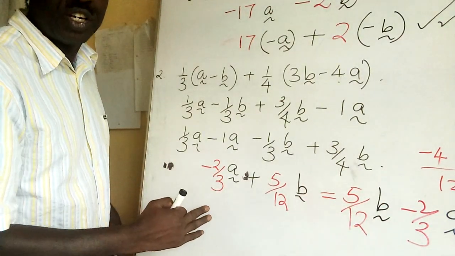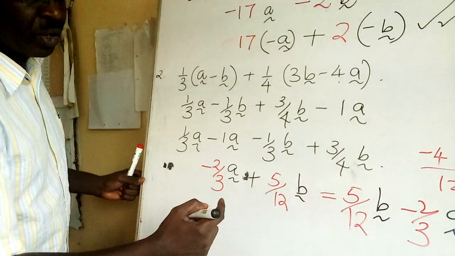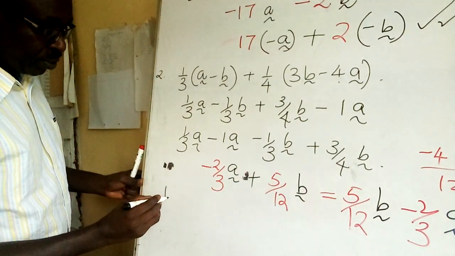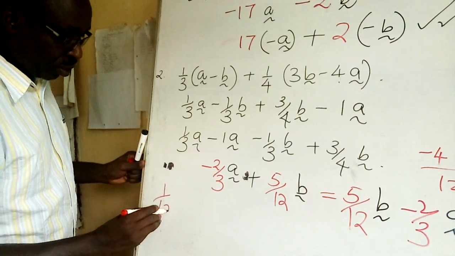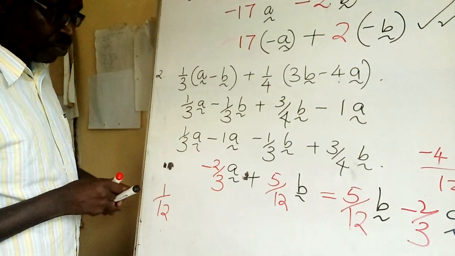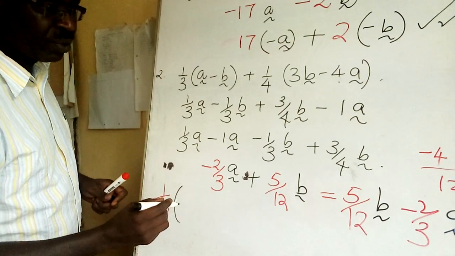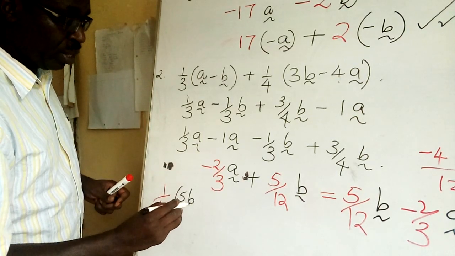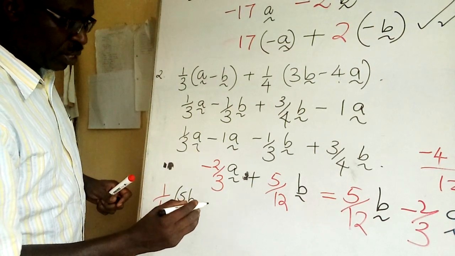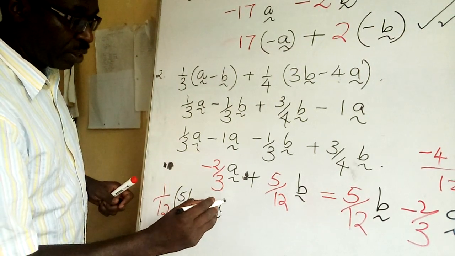What is common is 1 over 12. Then in the bracket, what do you have? You have 5b and then minus 2a.